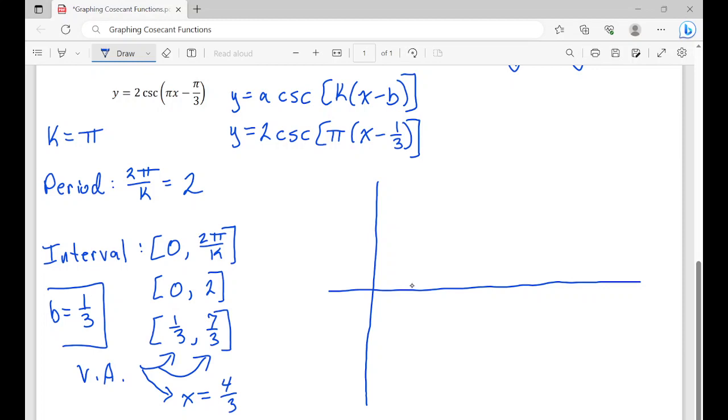So first thing I'm going to do is graph 1/3, the asymptote. Then the other one at 4/3. Right here. And then lastly, 7/3.